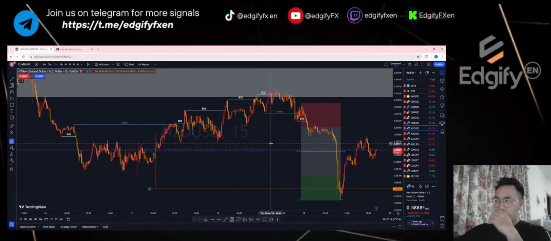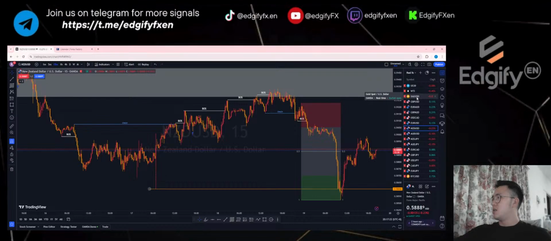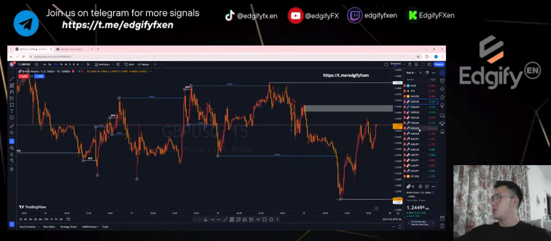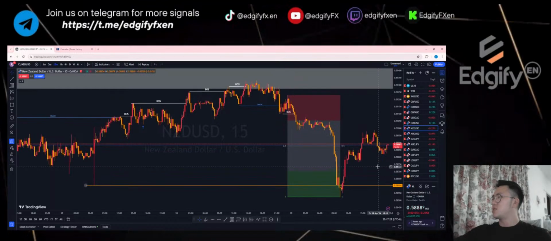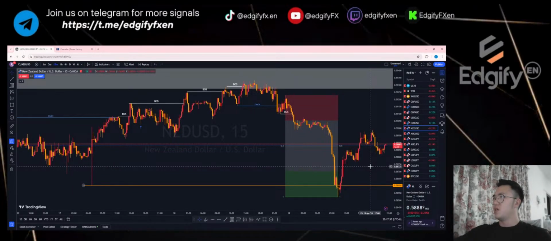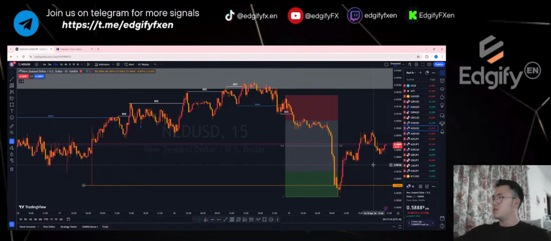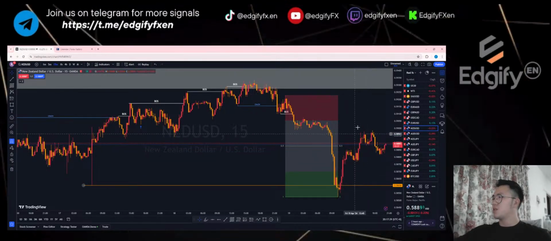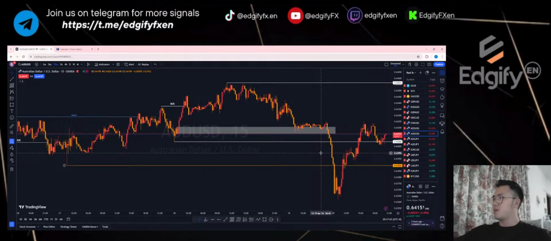Okay, why I'm not looking at other pairs so much is because my main focus is basically gold and also GBP USD. As for other pairs, I will just go through them once and see if there's a possible entry for the day. But if, when I look at the chart during my analysis, I don't see any possible positions we can take, then I would mainly just ignore that specific pair.